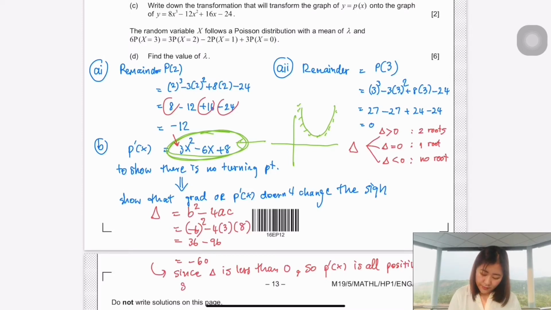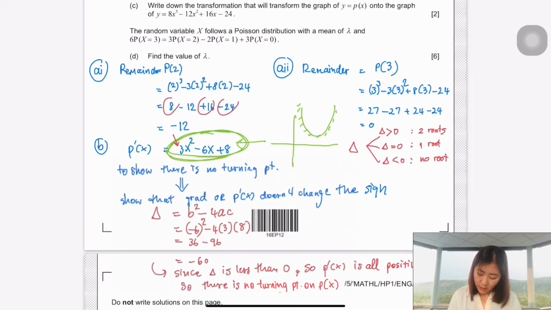So there is no turning point on p(x). As we know, the root of this polynomial is x = 3. You have one root already, so there is only one real root. You need to conclude it, as there's a mark here, at least one mark.